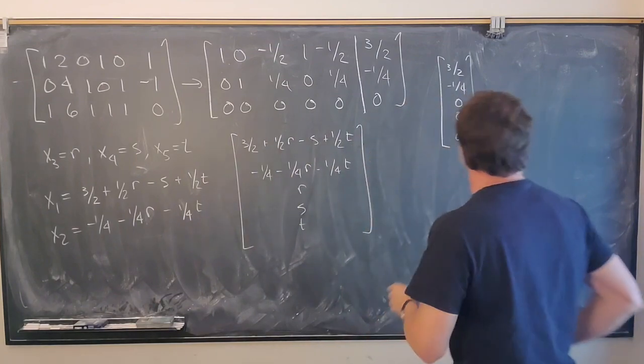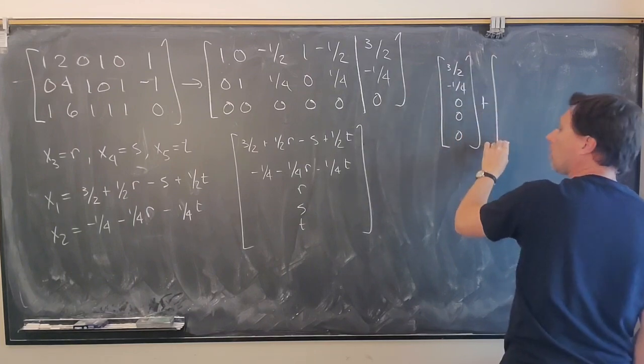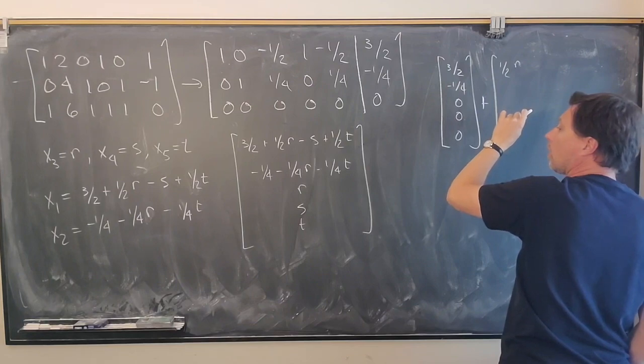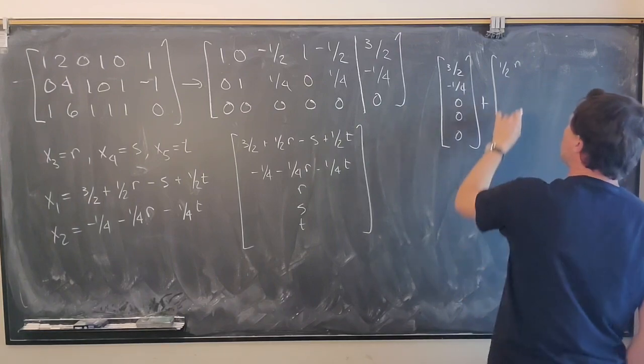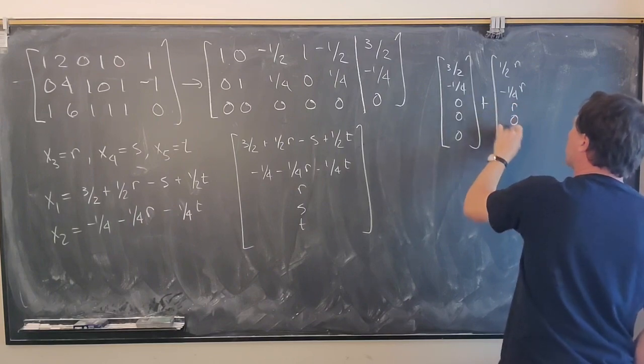Plus, I'm going to separate this in terms of parameters now. So we're going to have plus 1/2 r, minus 1/4 r, r, 0, 0.